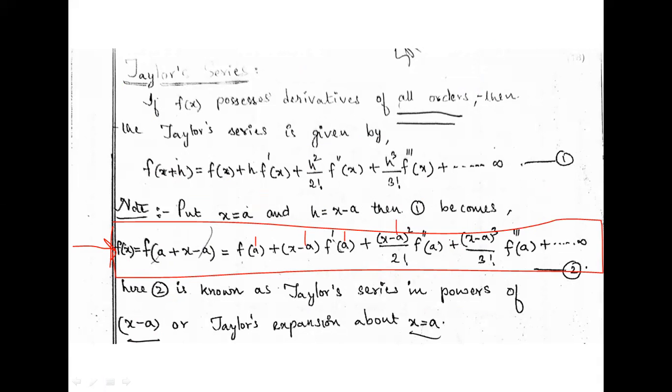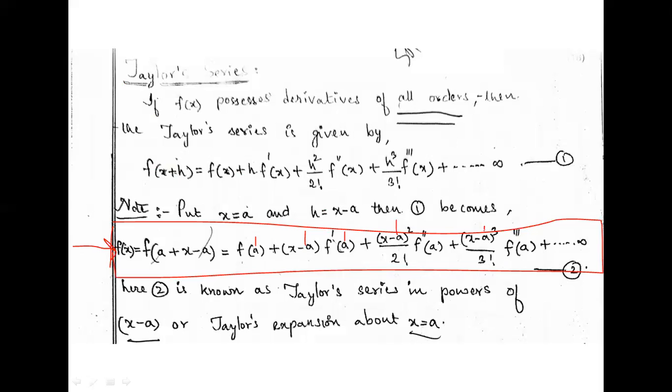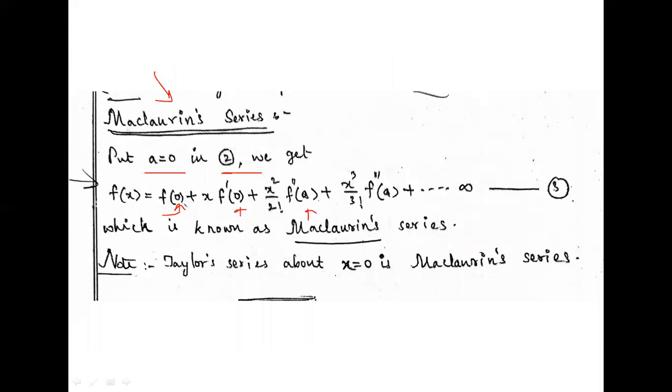A is equal to 0. So what will be left? F of 0 plus x into f dash of 0 plus x square by 2 factorial into f double dash of 0 plus x cube by 3 factorial into f triple dash of 0 plus till infinity, which is known as Maclaurin series.